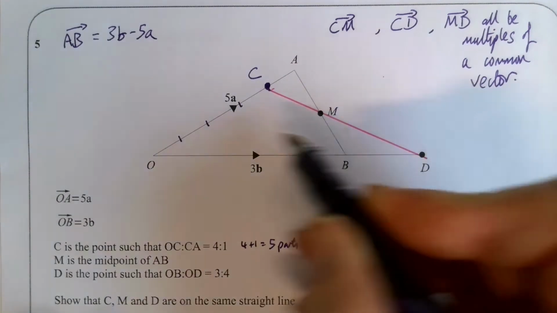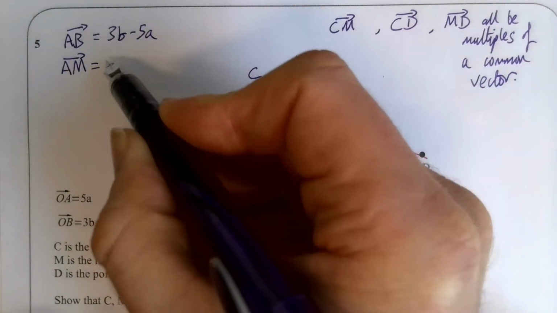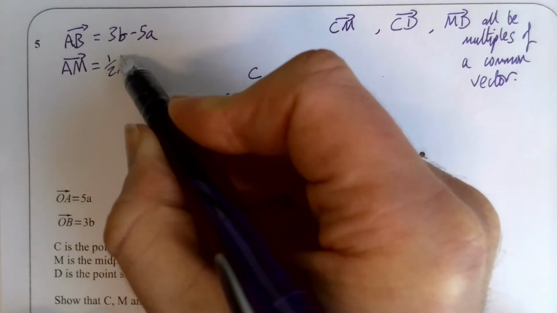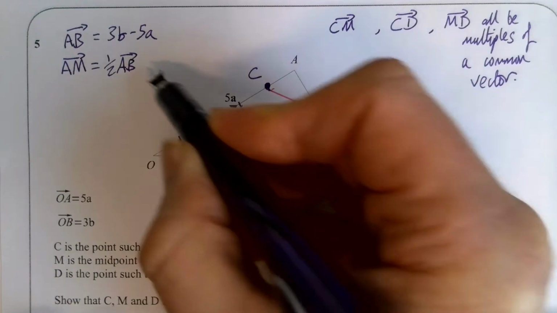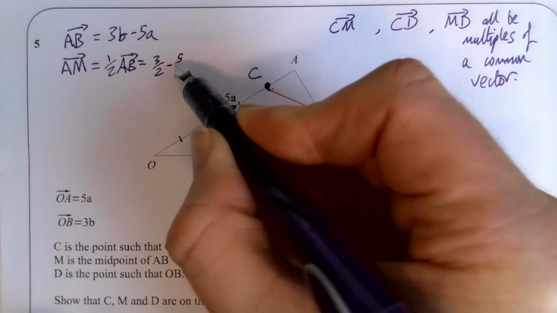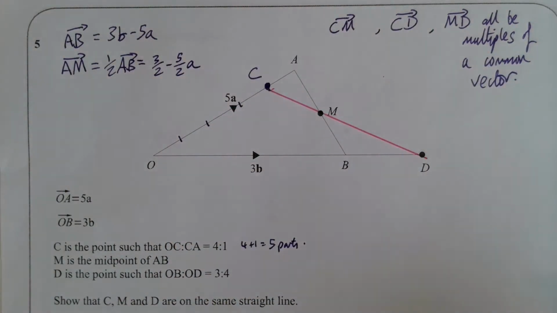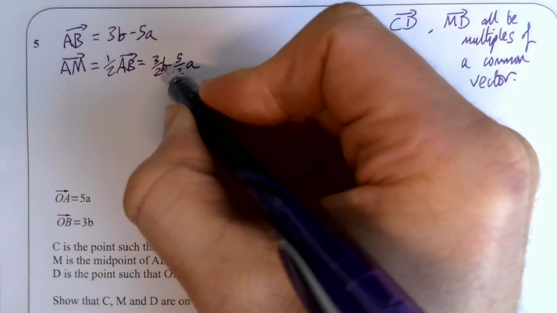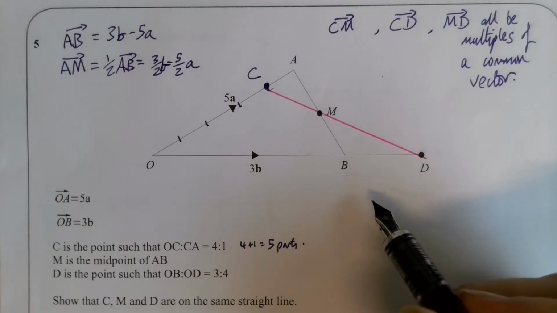A to M is going to be a half of going from A to B. That's going to be just halving them both, which we can just do without even working anything out by just using a fraction. Right, should be a B. So that's A to M.